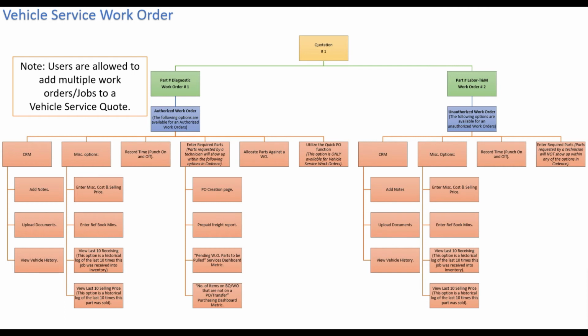So you can potentially have a vehicle come in, you can create work order number 1 as a diagnostic, you could go through the process of diagnosing the customer's vehicle, you could then add a second labor job onto that, such as maybe labor, time and material, or maybe oil change, or you can create, again, these pre-canned labor part numbers, and you can have as many different jobs running on a single quotation at a given time, right? And your technicians can, you can have multiple technicians clocking onto the job all simultaneously, and so there's a lot of functionality that's now available for the vehicle service section.